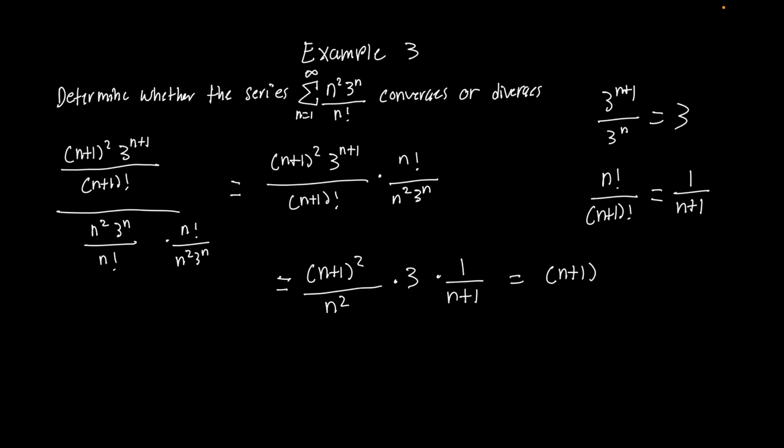Remember, only one of the terms cancels out. Over n squared, times 3 times 1 over n plus 1. Well, we know 3 times 1 over n plus 1 is just 3 over n plus 1.